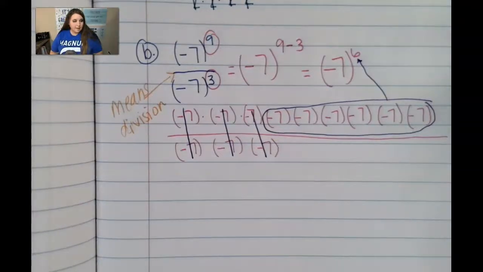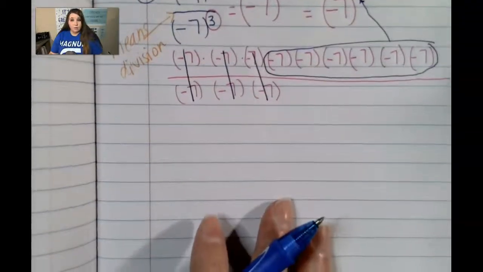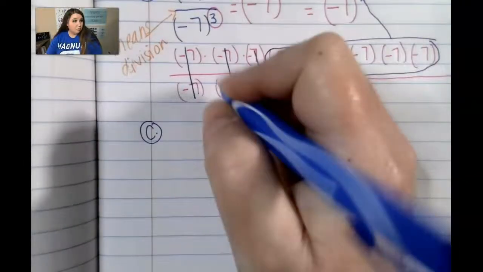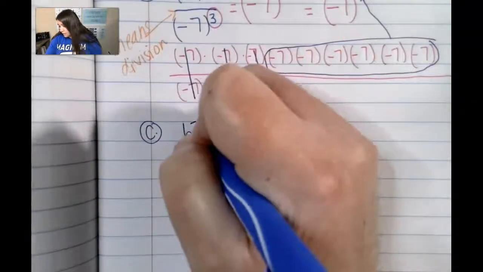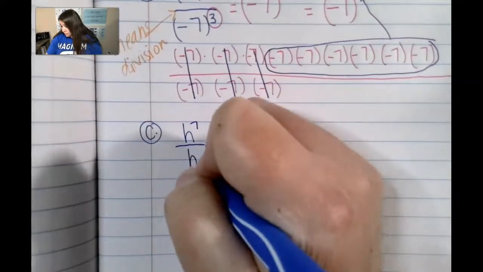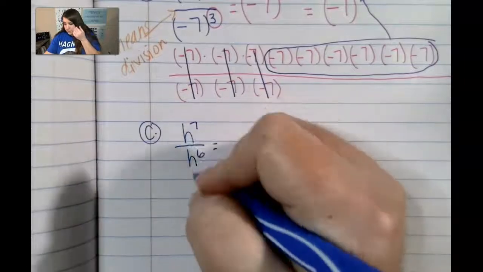Let's look at another example because this also applies when we have algebra or variables. This example says h to the 7th divided by h to the 6th. Again, all you're doing is looking at your base.